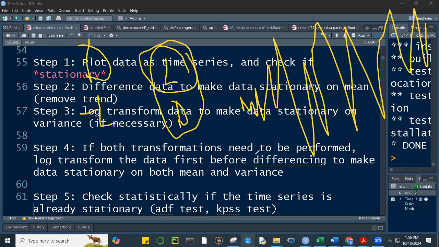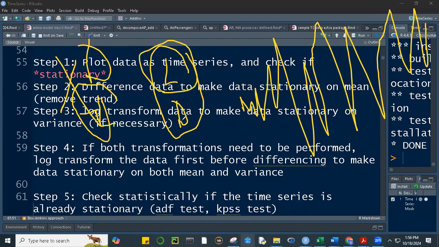And why is that so? If you get the difference first, then a great chance is there will be negative values, and you cannot get the log of a negative value, class. So don't difference and then get the log. Otherwise, you'll have NaNs, not a number, because the log of a negative number is undefined.